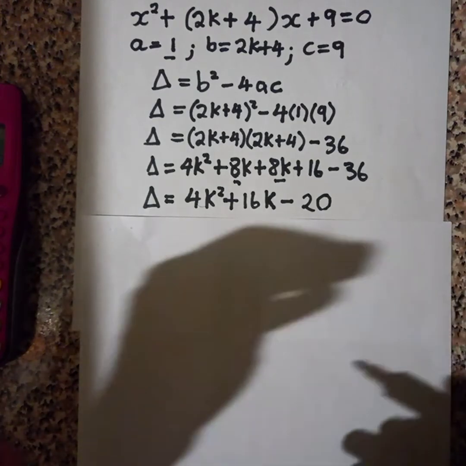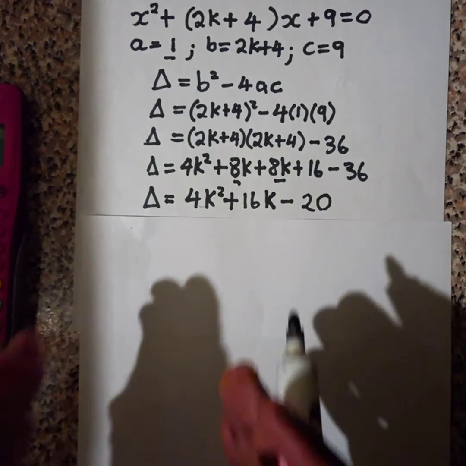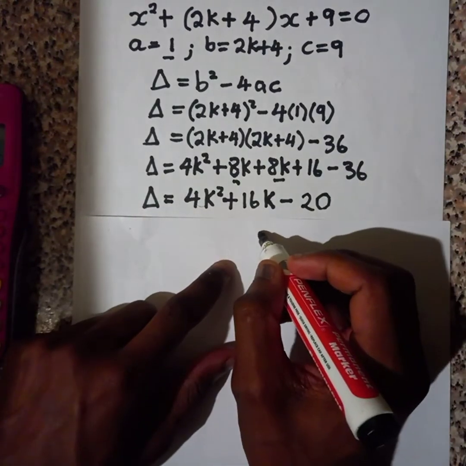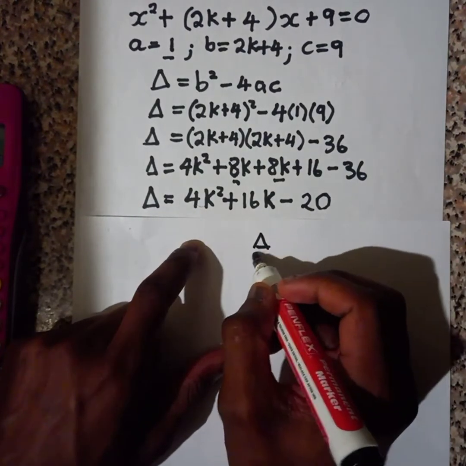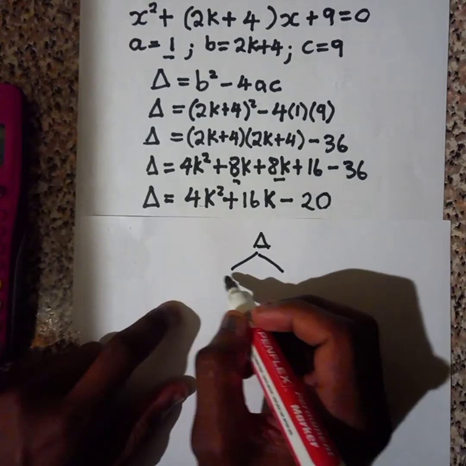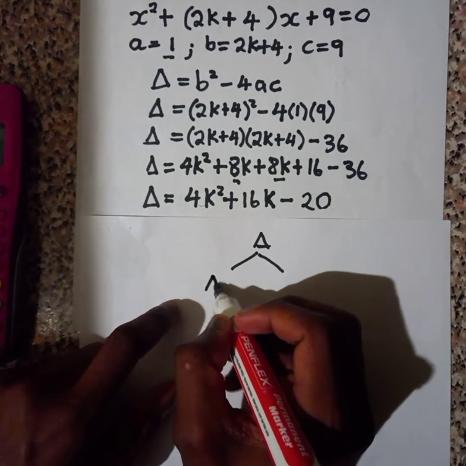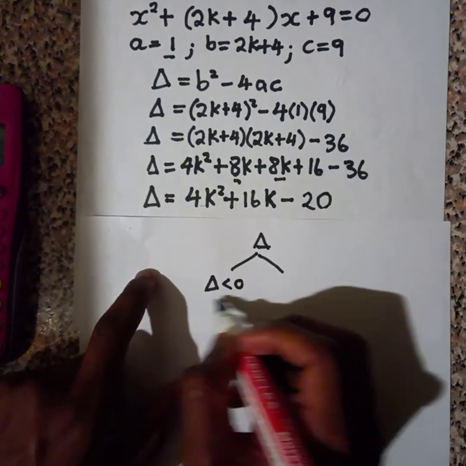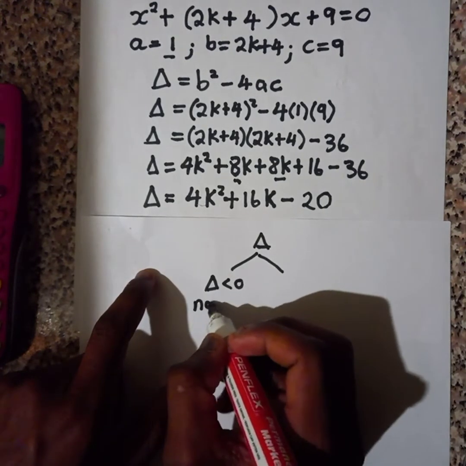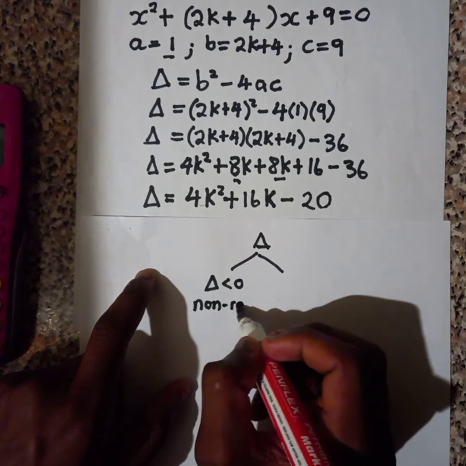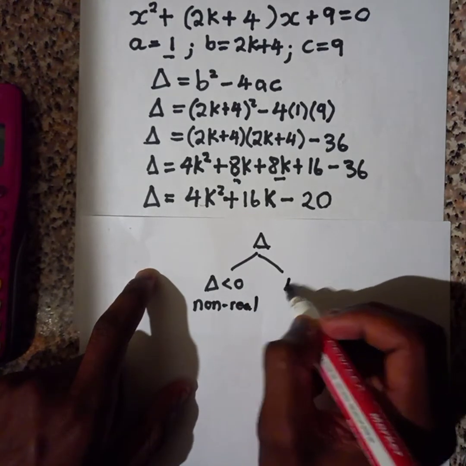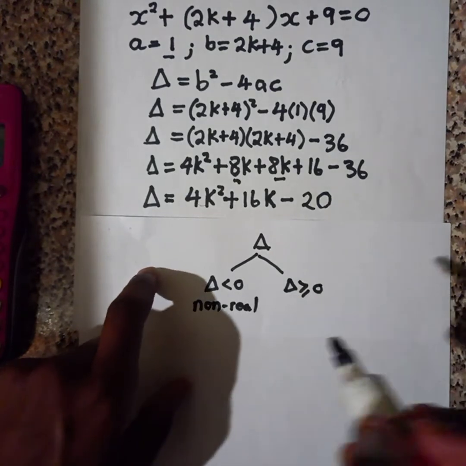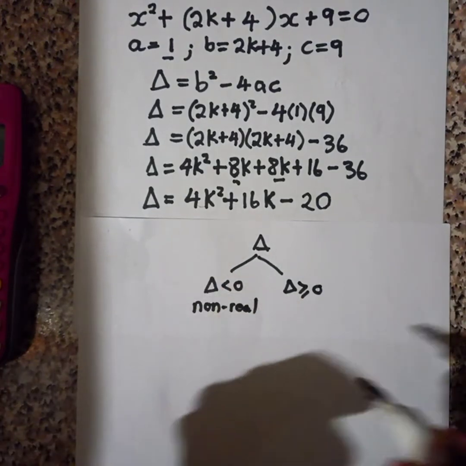We have different conditions that we use to determine the nature of roots. We have these conditions whereby your delta or your discriminant is less than 0. We said such they are non-real roots. And we also had this condition whereby your delta is greater than or equal to 0.